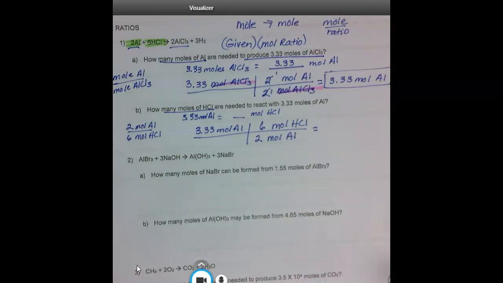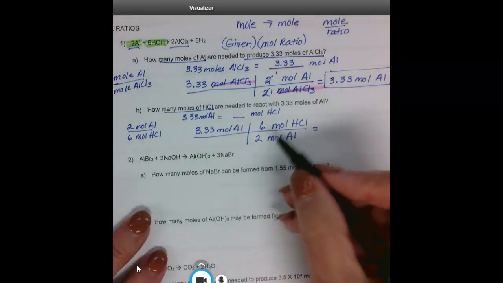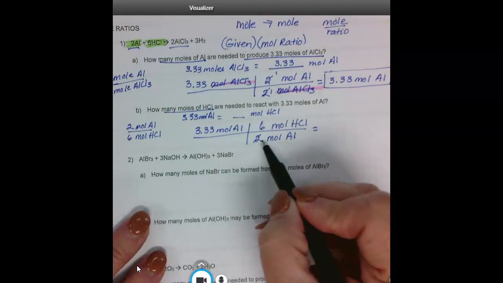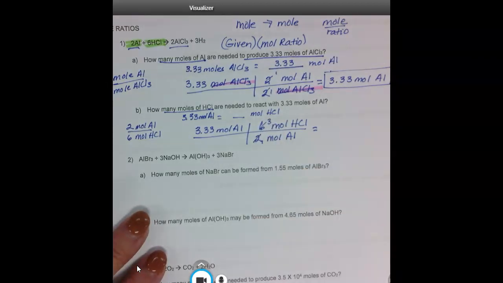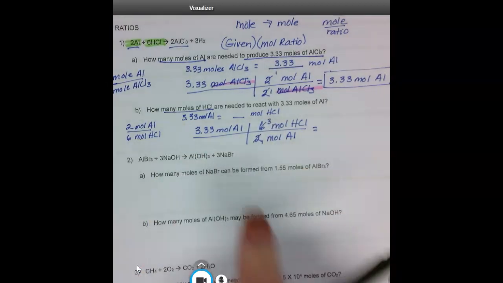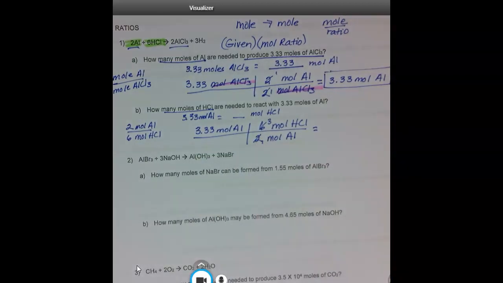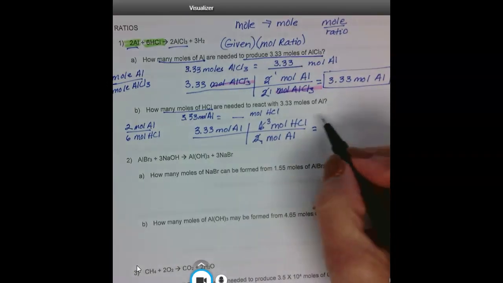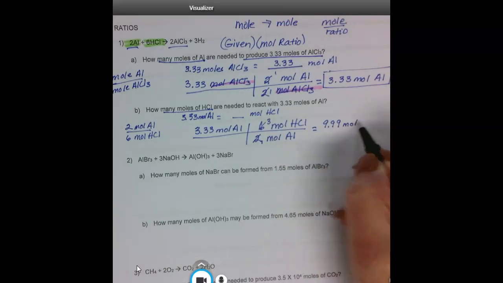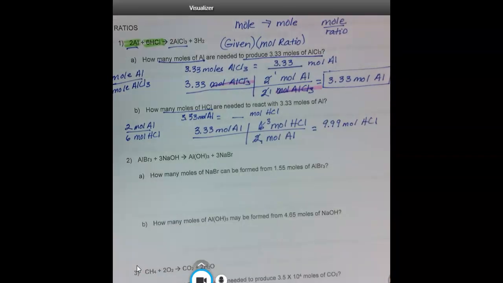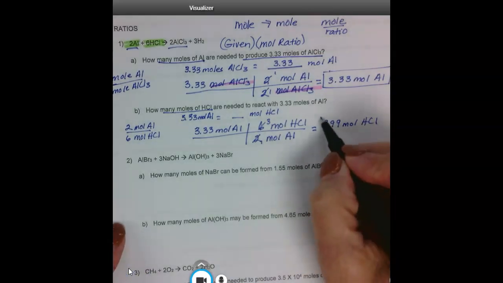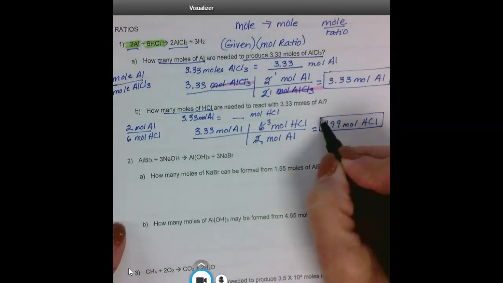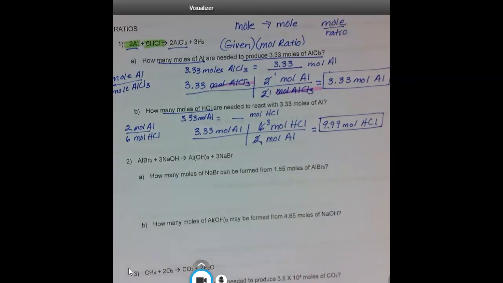You can do it without doing any simplification if you would like. Just run it in your calculator. Or if you would like, you could simplify that and make that 3 to 1, which makes it pretty easy to do the multiplication in your head. And therefore, my final answer would be 9.99 moles of HCl.